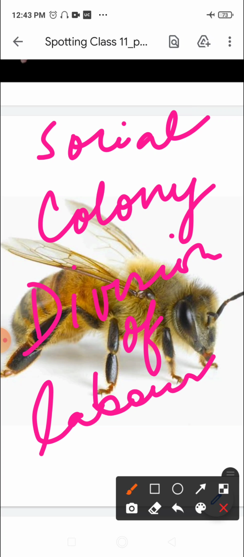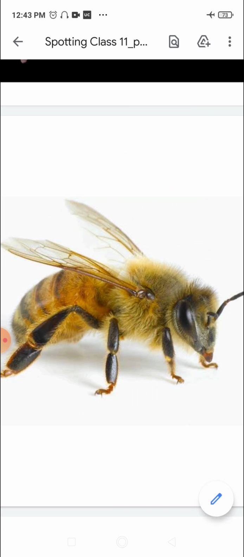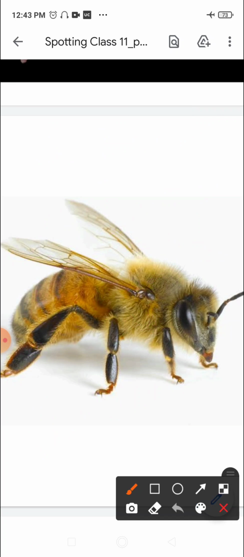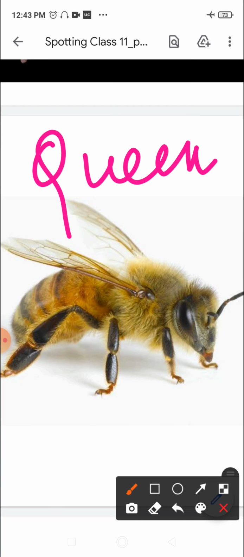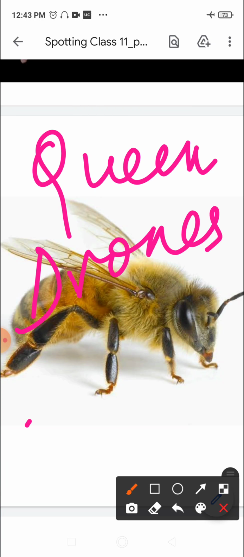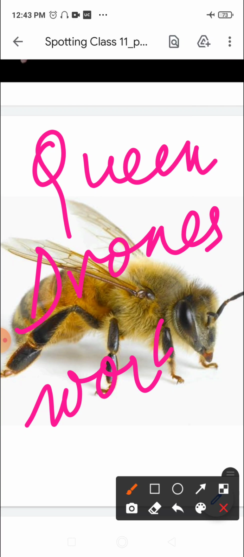There are three types of individuals present: queens, drones, and worker bees. You studied about them earlier.